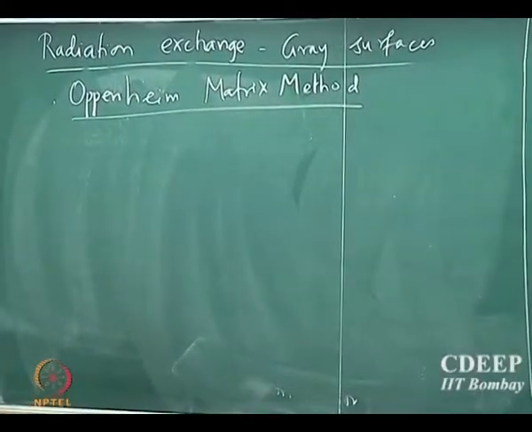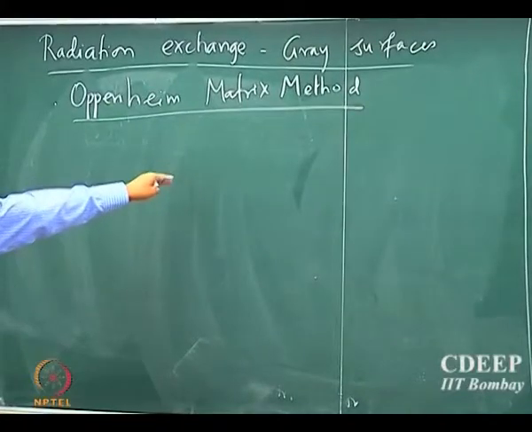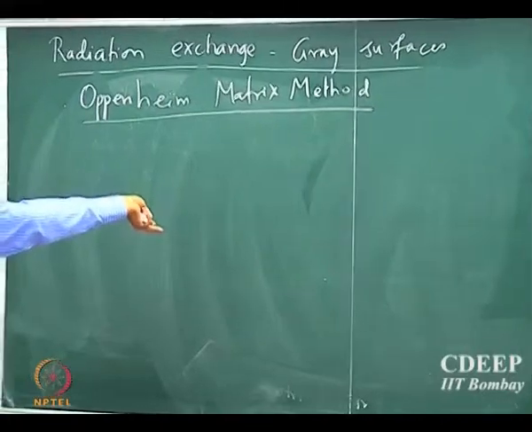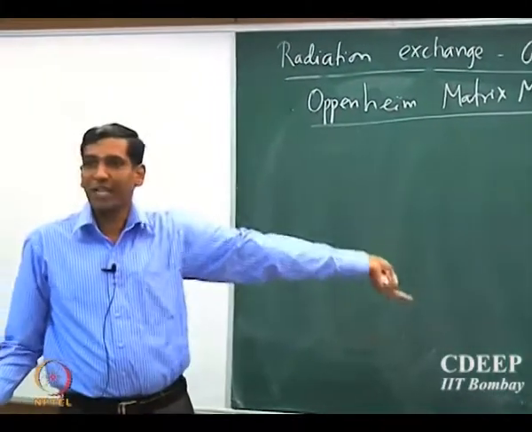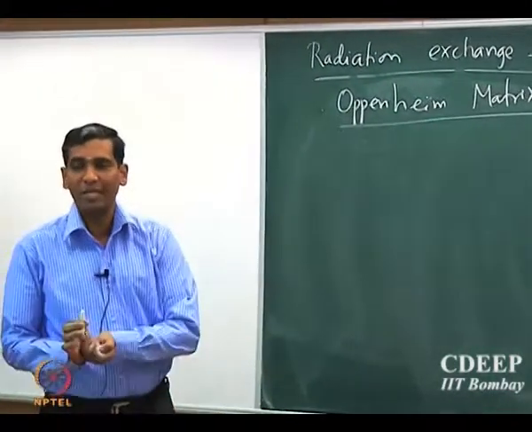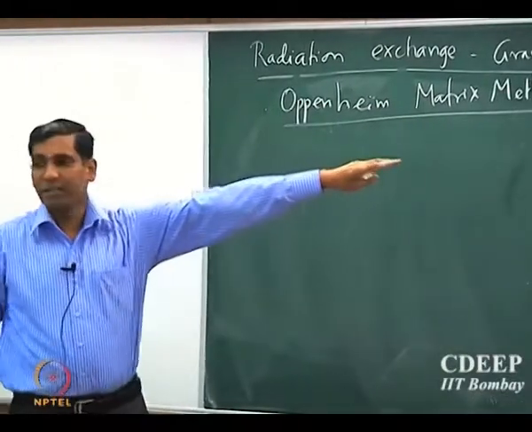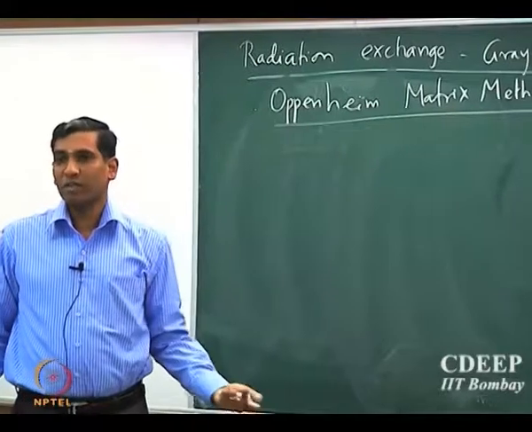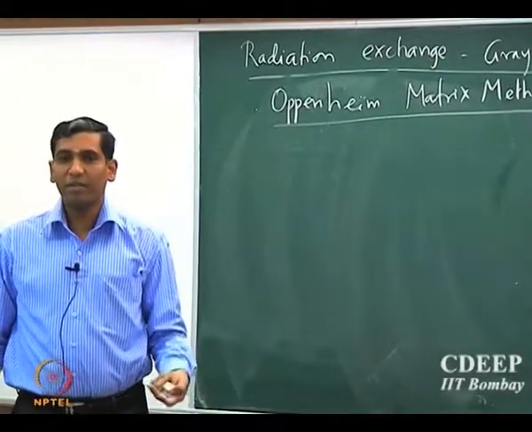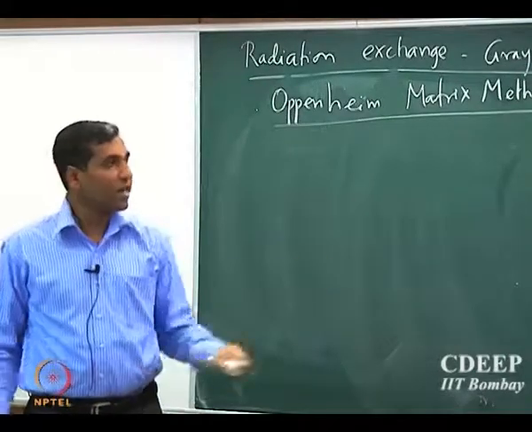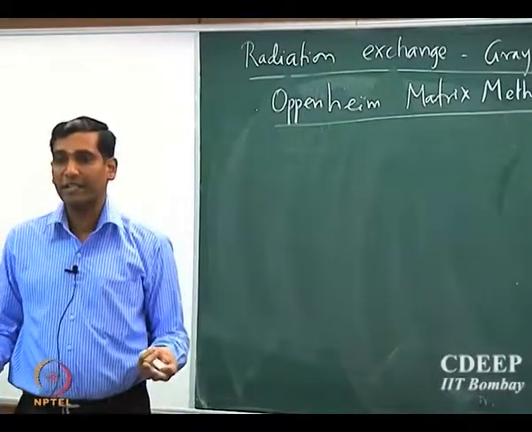Now it's nothing but just transforming all the energy balances that we have written so far in a matrix vector form, so that it looks elegant and easy to solve the problem. Suppose I know all the surface temperatures, I want to find out the total, net emission from every surface. Now if I know that, I am done, I can find out the net heat transfer rate.